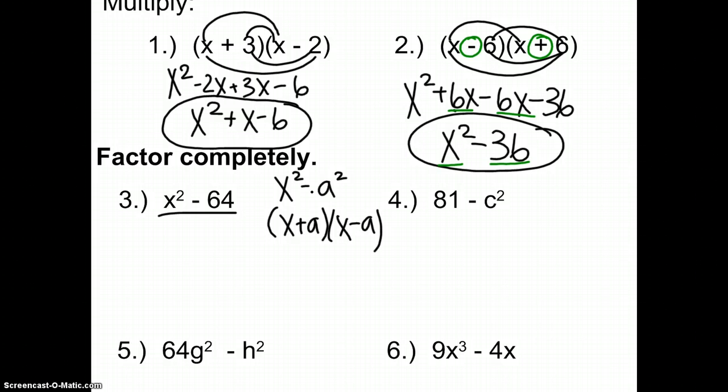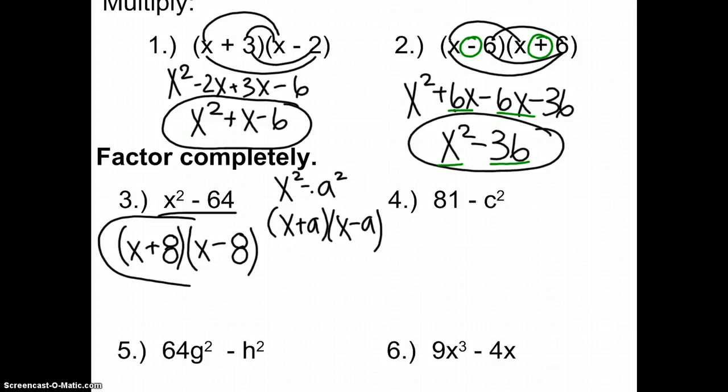So for the first one, we have an x squared, so we have an x plus and an x minus, and then we find the square root of 64, which is 8. So we put an 8 in both spots, and our factored term is x plus 8, x minus 8.